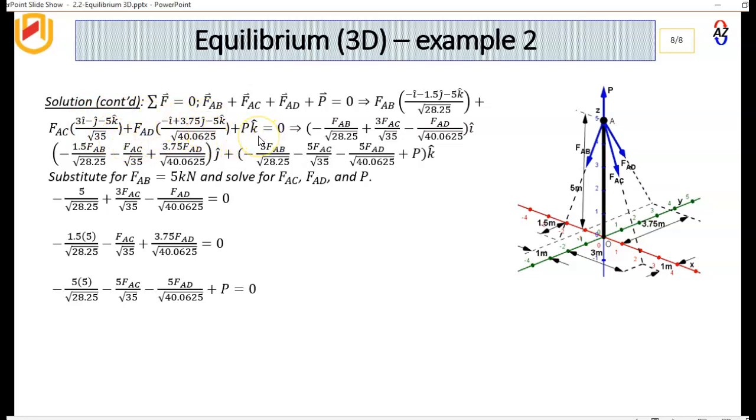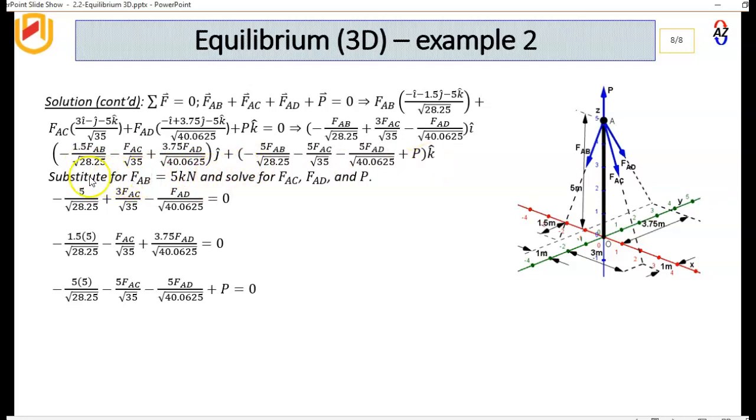So P must be written as a vector, equal to 0. Then the next step is to take all the i's together. So for example, the first i is FAB times -1 divided by this. Then the next is 3 over square root of 35, FAC. And then the next i is -1 and that FAD. You get that? You do similarly for the j's, you group them together. Similarly for the k's, you group them together.